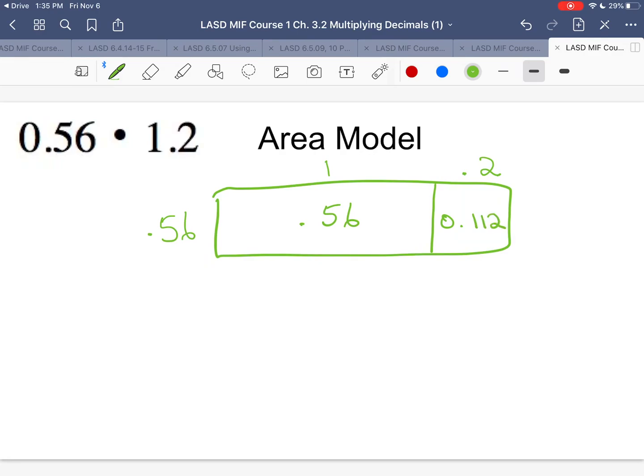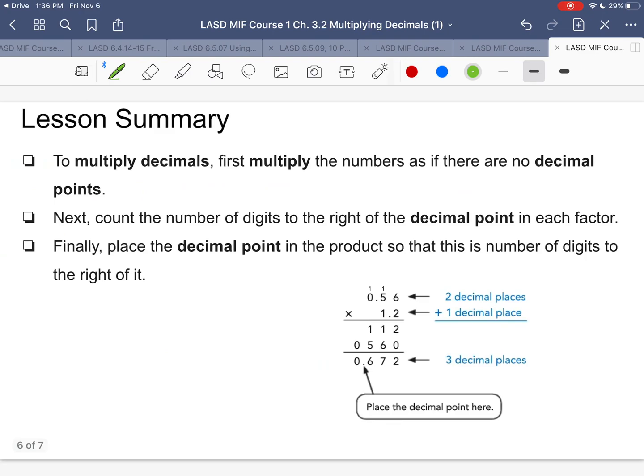When you add those two together, 0.56 and 0.112, we get the same answer we got the other two ways on the previous slide, 0.672. So you've got 3 different ways there. You could use a number line, an area model, or multiplication of whole numbers to calculate the product of 2 decimals.